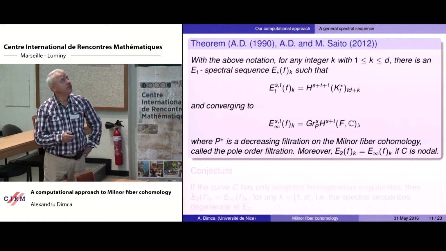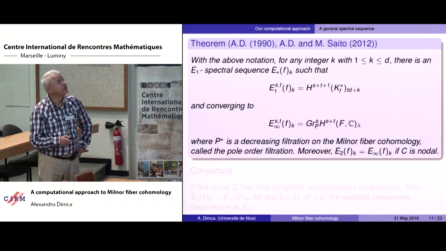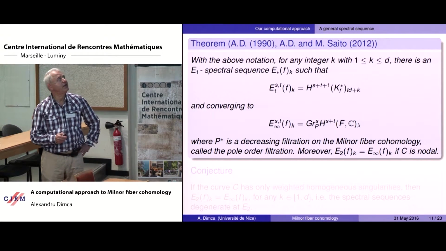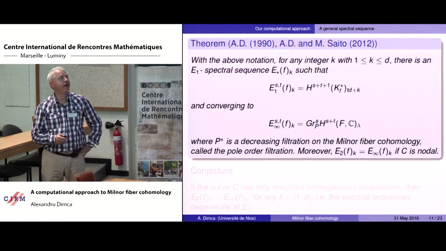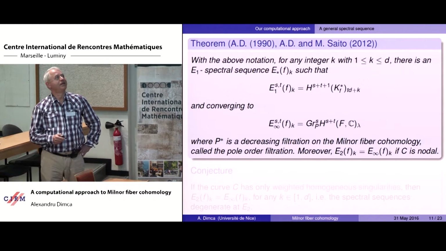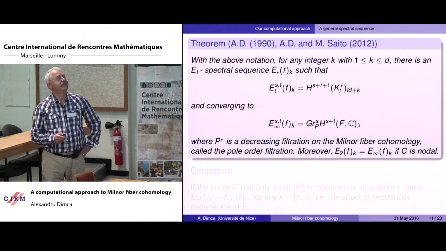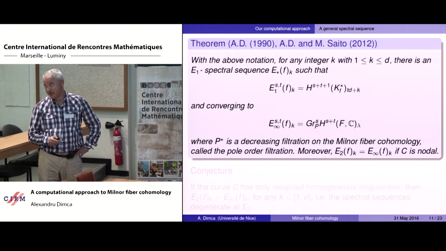Okay, so why does this theorem have two dates so far apart? So actually it was stated in my paper in 1990, and the proof was a little bit naive, and it was reproved from a modern or sophisticated D-module point of view in this paper with Morihiko Saito.